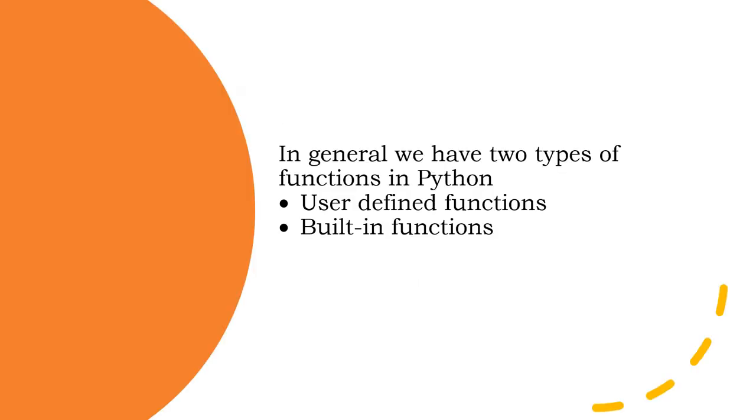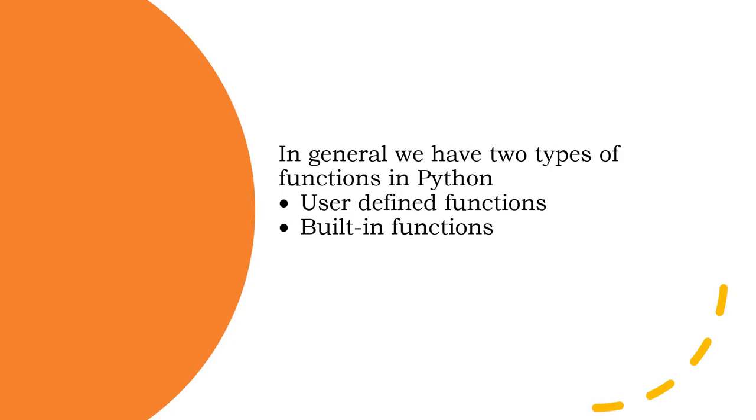In Python, broadly, we have two types of functions. The first one is user defined and the second one is built-in function. User defined means you are going to write the code for that function yourself.